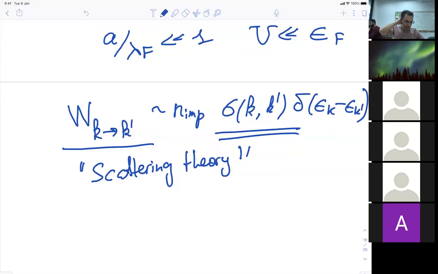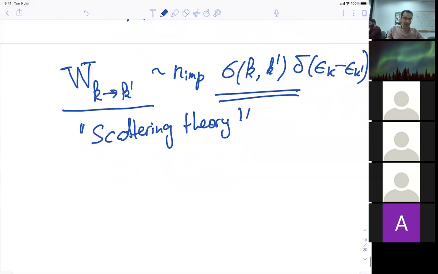Okay, so now the next statement is that the only building block that we need to compute from quantum mechanics theory is this scattering probability. So this is something that characterizes a single impurity. You compute it within quantum mechanics.